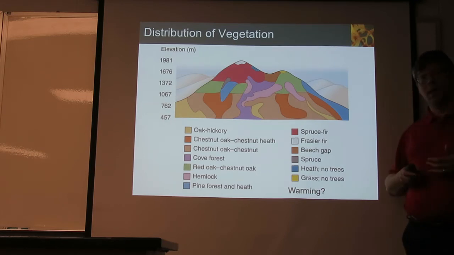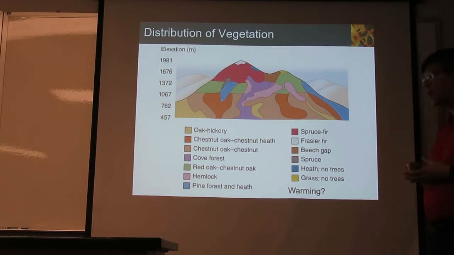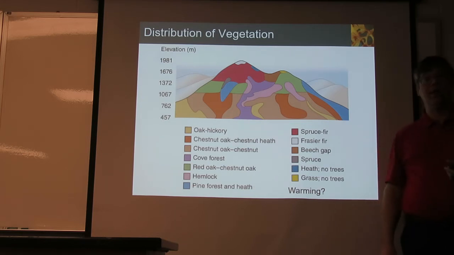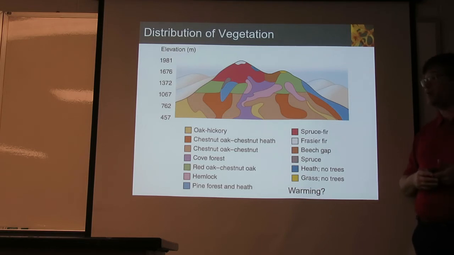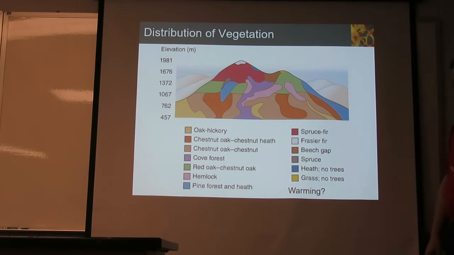Okay, now, what happens when we see global warming? We're seeing the effects of increased temperature already and are likely to see quite a lot more into the future, especially if people don't change how they use fossil fuels.